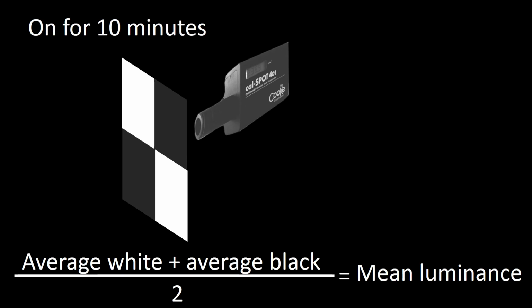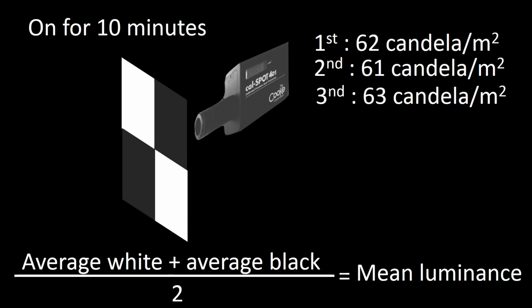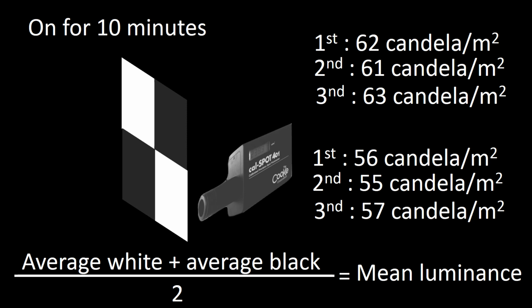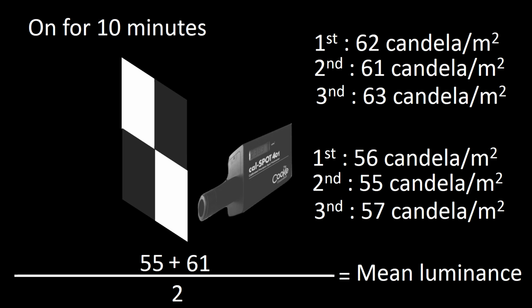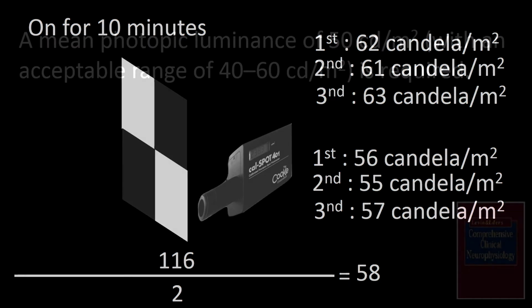After the board has been on for 10 minutes, we take 3 measurements of the black checks and 3 measurements of the white checks. We find their mean, in this case 61 and 55, add them up, and then divide them by 2, yielding the mean luminosity.